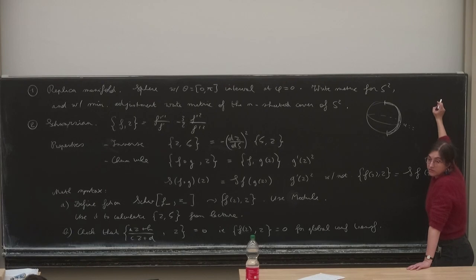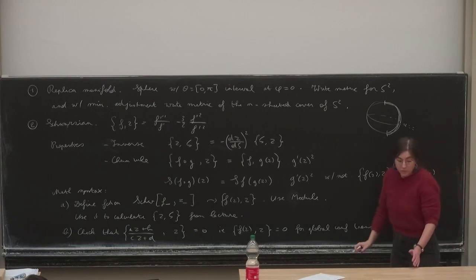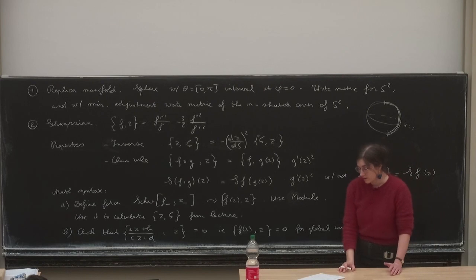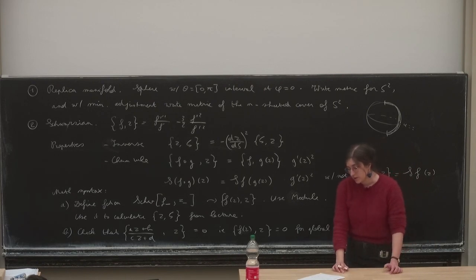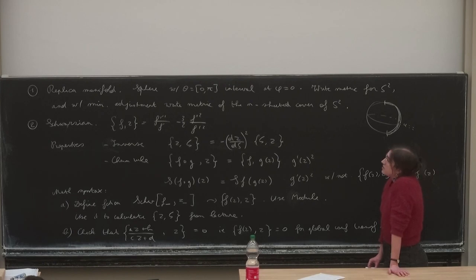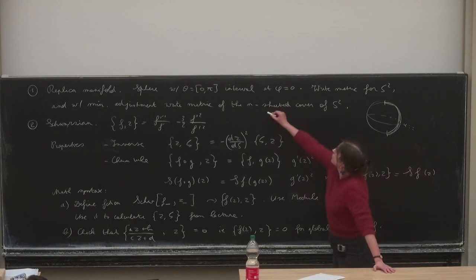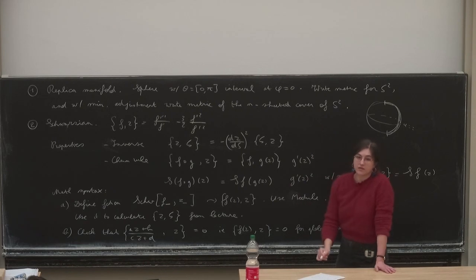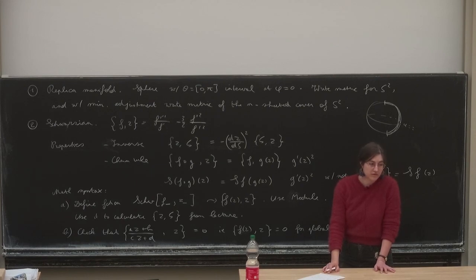And so there's two tips I can give. One is that it's a minimal adjustment, and it's a minimal adjustment that involves the parameter n. And second is that we know the structure or the characteristics of this n-sheeted cover, in that it will have conical singularities at these two special points.